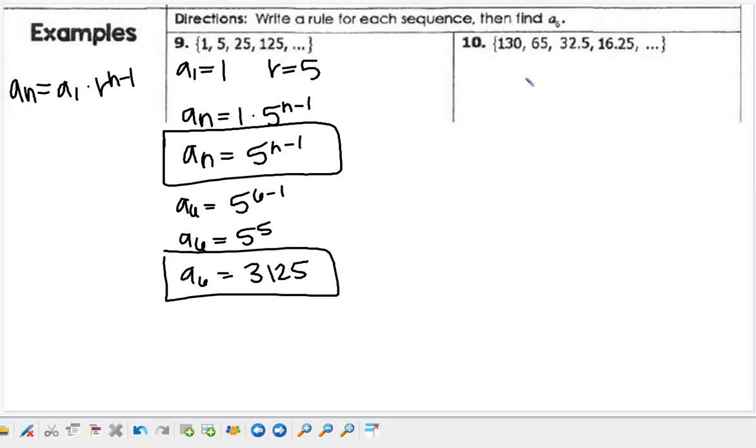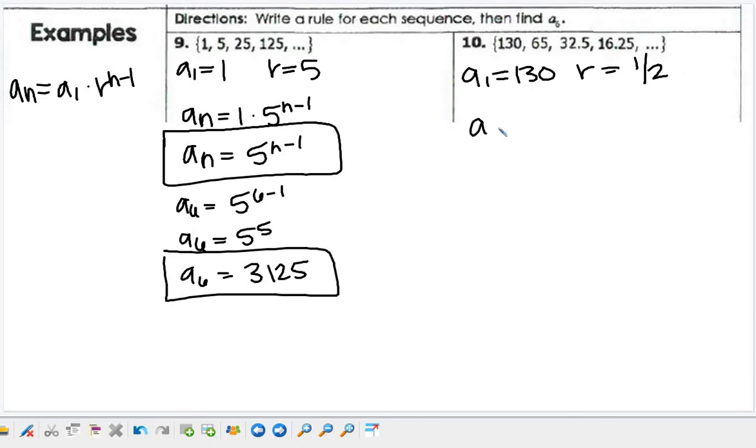Okay, so same thing for number 10. My first term obviously is given, 130, and you need to figure out the common ratio. Again, if it's not blaringly obvious to you, which I would not be surprised if it wasn't given that it's decimals, do the second term, so 65 divided by 130, and you get a ratio of 1/2 or 0.5.